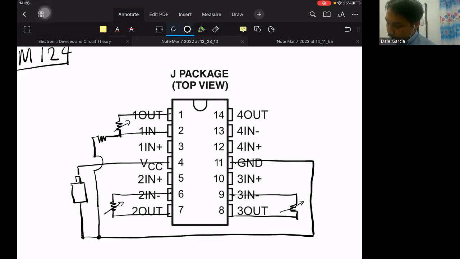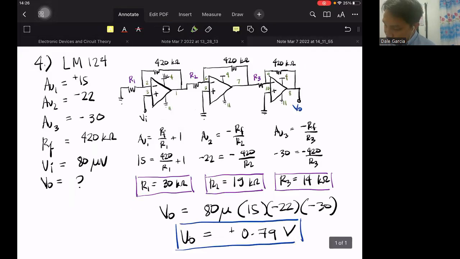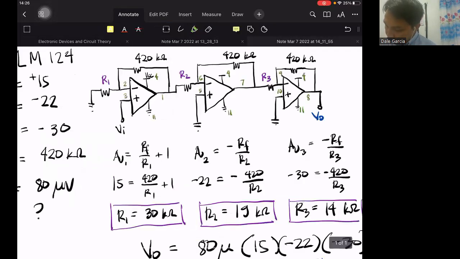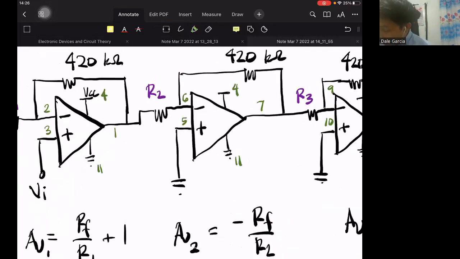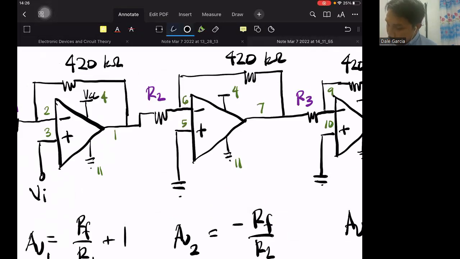Another resistor between 1 and 5. No, sorry, 1 and 6. 1 and 6.